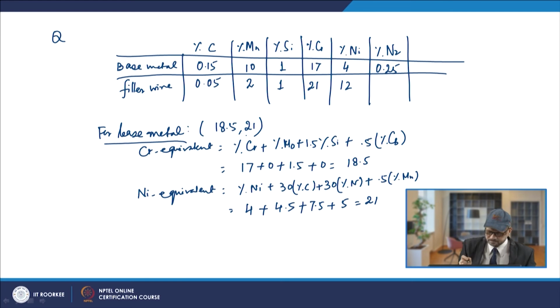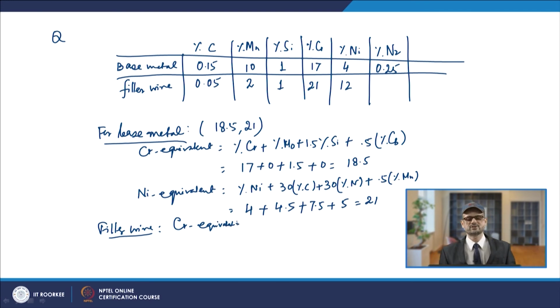Now, in a similar way we are going to calculate for the filler wire. For the filler wire, for the chrome equivalent we again take percentage chromium. Chromium is 21, then you have percentage molybdenum, which is not there, then 1.5 percentage silicon, silicon is the same in both cases, and plus 0.5 percentage columbium, which is not there.